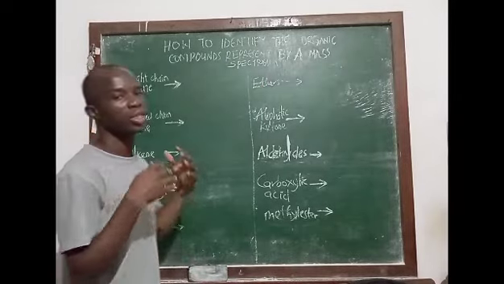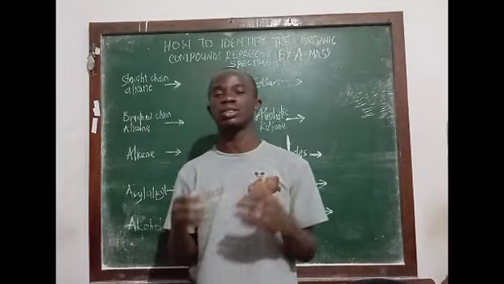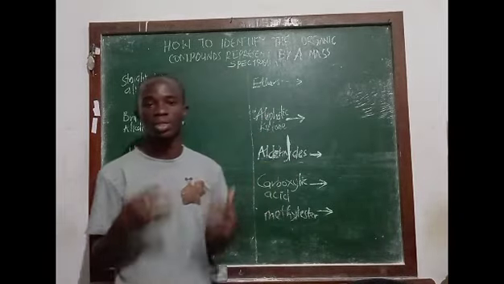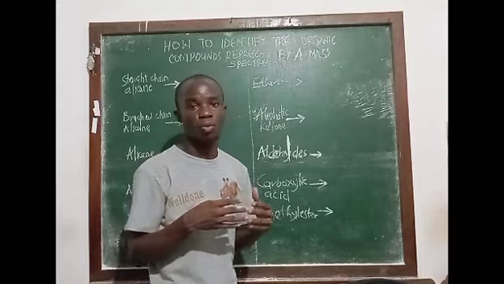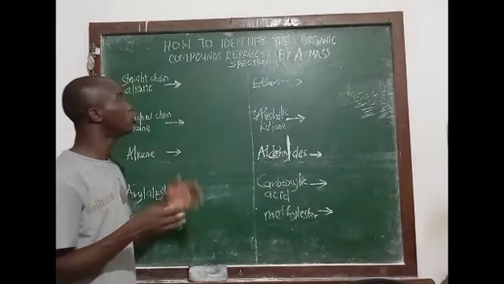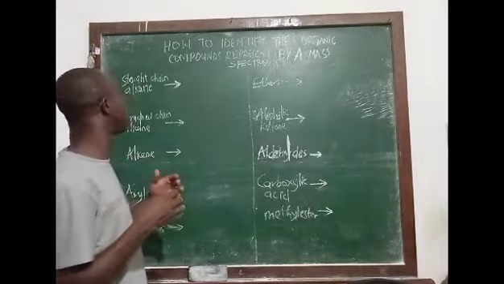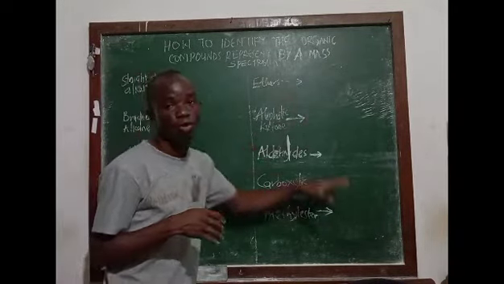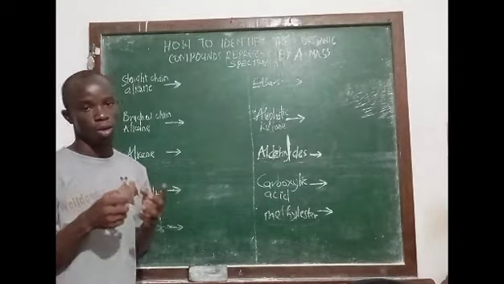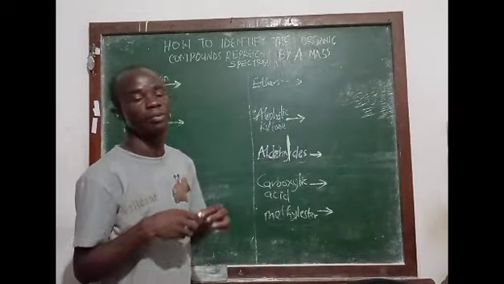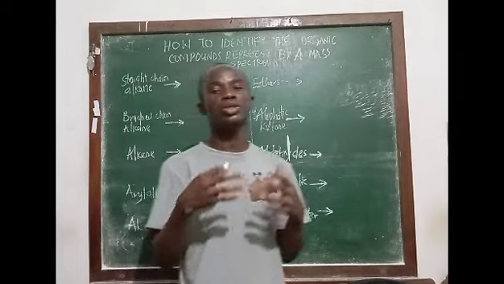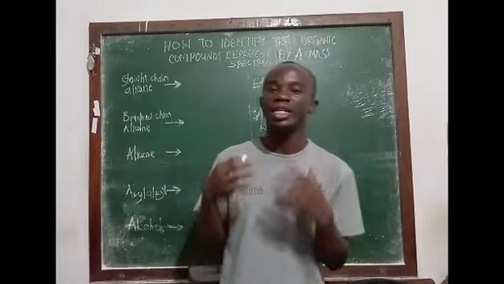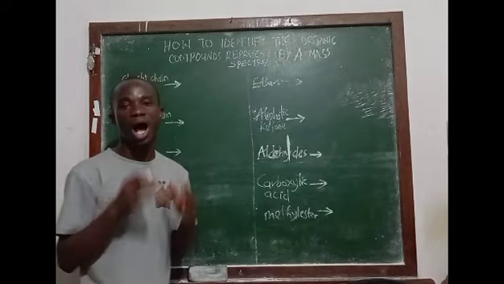Now, I'll be highlighting some of the key things to look out for in a mass spectrum to know whether the mass spectrum represents a straight chain alkane, a branch chain alkane, or either of all of these classes of organic compound. For a straight chain alkane, the molecular ion peak can either be present or absent.